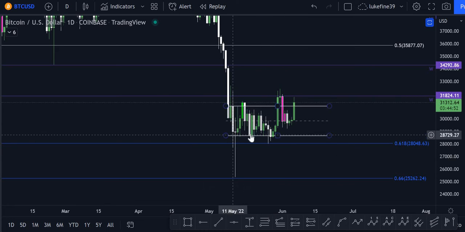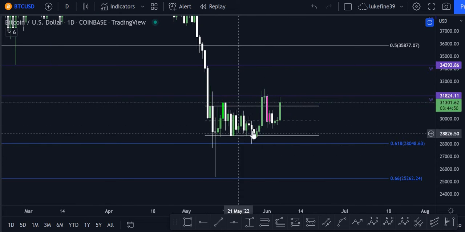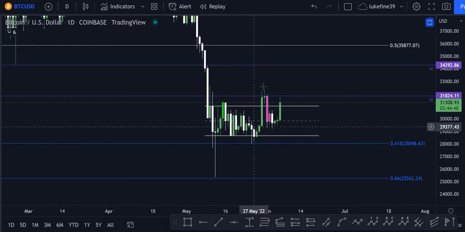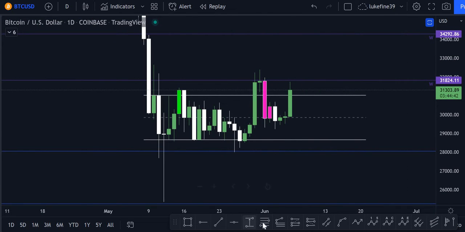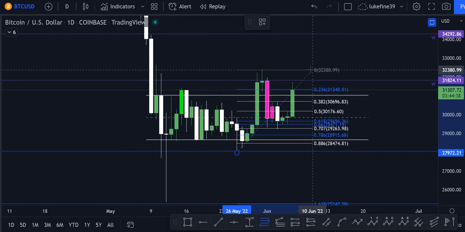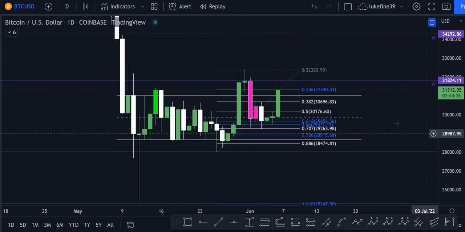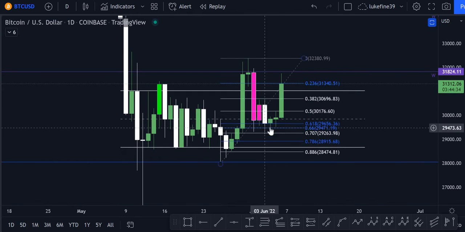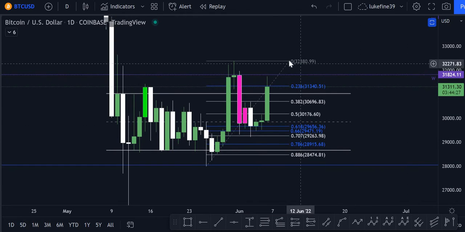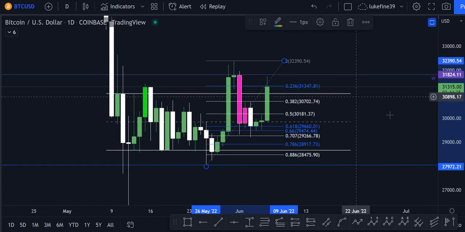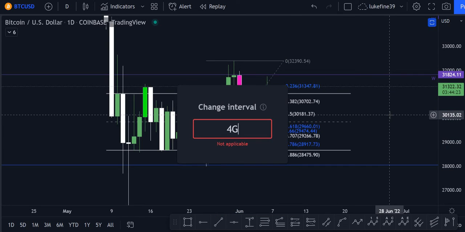Let's say people went long here, they lost, they took this liquidity, pushed up, came back down, and now let's check at what level from this move we got the bounce. We take the low to the high, and what do you know, we bounced from the 618 707, but we didn't close under the 618. Now we're going to go to the 4 hour just to get this point across.